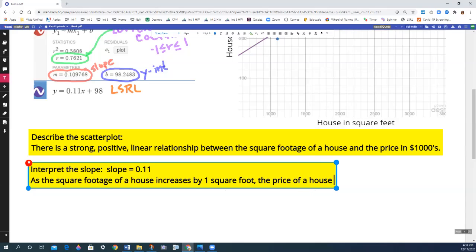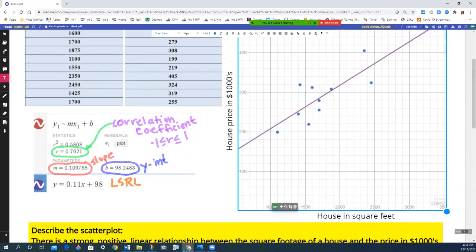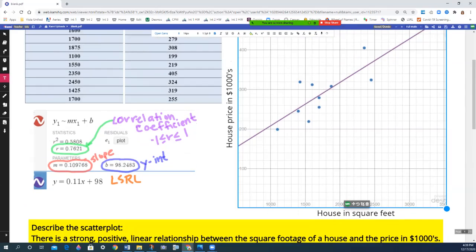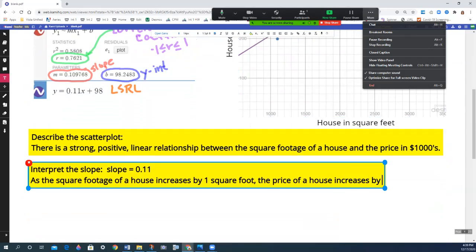Now this is where we look at the line to see if it's increasing or decreasing. This is increasing, okay? So as the house size gets bigger, the price gets more. So the price of a house increases by, and this is in thousands of dollars.